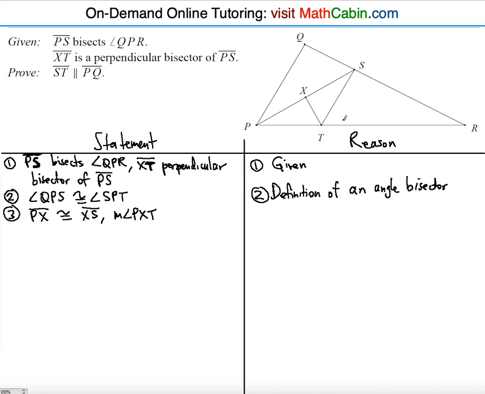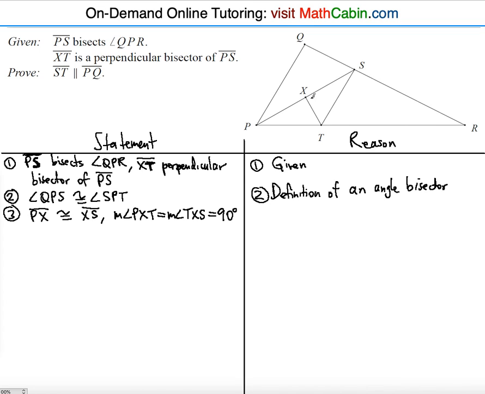Now the measure of angle PXT, this one is equal to the measure of angle TXS, and they're both equal to 90 degrees. And where do we get that from? We got it from the perpendicular bisector part, right? Not just the bisector, but perpendicular. Perpendicular means that obviously there will be a perpendicular relationship which creates 90-degree angles.